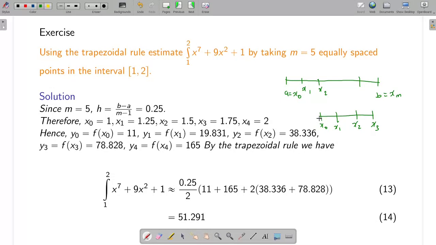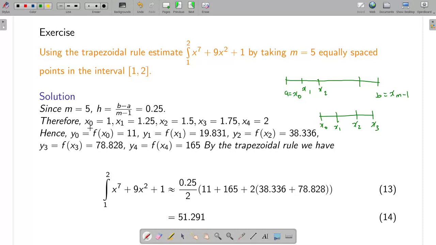When we take m equally spaced points, it will break the interval into m minus 1 subintervals. So the value of h would be b minus a by m minus 1, and b is 2, a is 1, m is 5, so you will get 0.25.